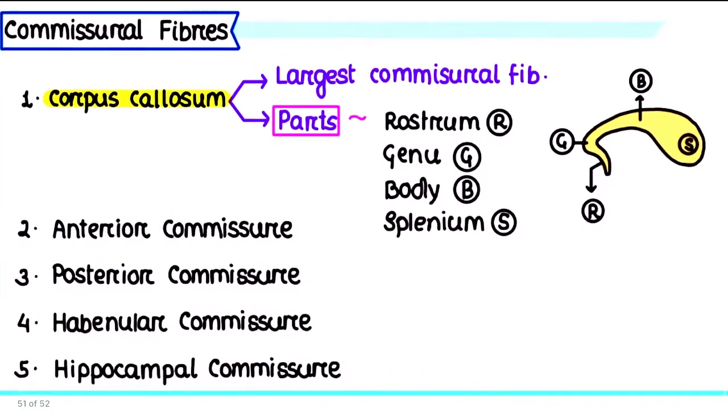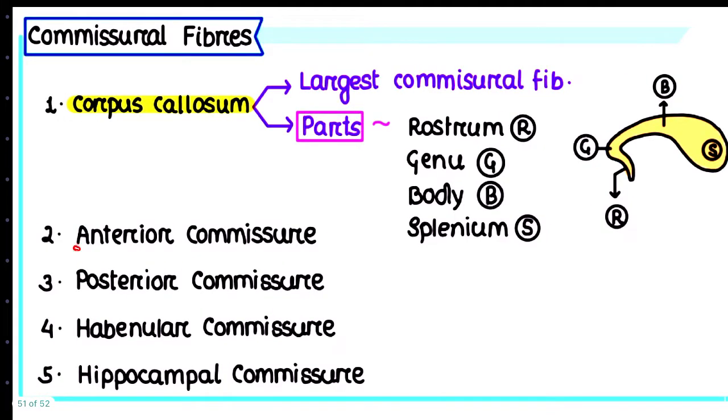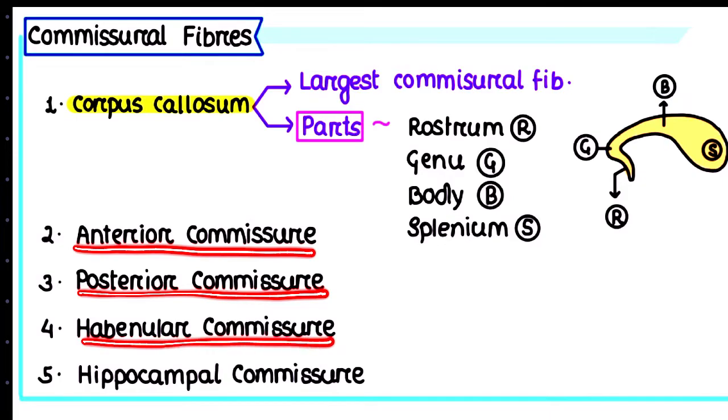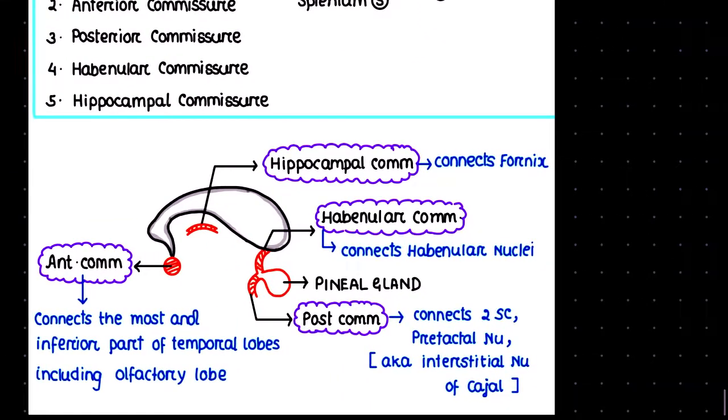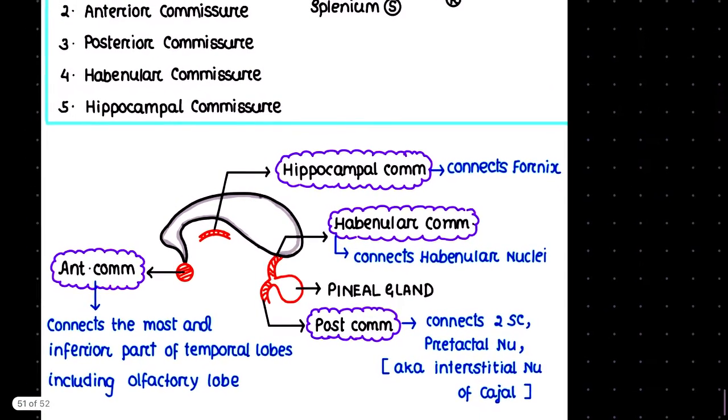Similarly, other commissural fibers that we need to know are the anterior commissure, posterior commissure, habenular commissure, and hippocampal commissure. So these are the commissural fibers.